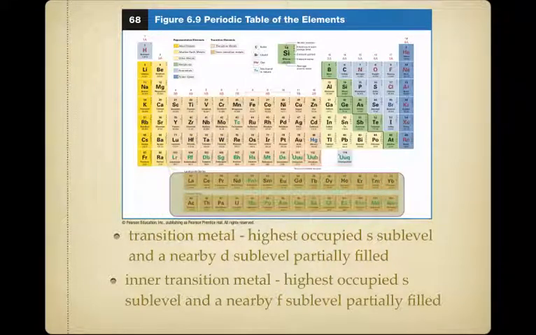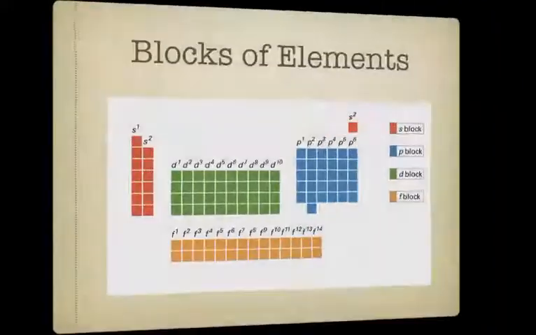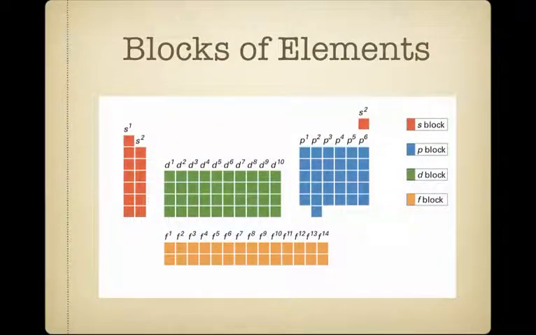The inner transition ones, those are the ones down below, and if you count those, there's 14 of them going across, just like we have in the f sublevel. So these elements here, we're filling the f sublevel. Once again, those first two columns are the s's. Anything that's an alkali metal is going to have an s1 at the very end: 1s1, 2s1, 3s1, 4s1, and so on. Anything in the blue, that part over there, they're filling the p sublevel.